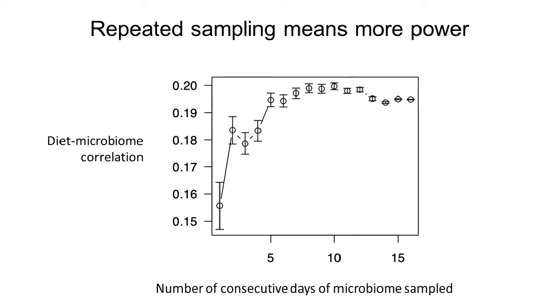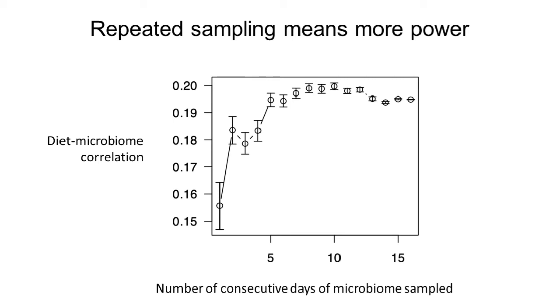So this is where I'm taking your average dietary intake and correlating it with your average microbiome. I have all 17 days for each person in this study, but if I subsample and pretend I only had 1 day, I can find out how much power I would have, or how much of that association I would be able to detect. So that's this first point.